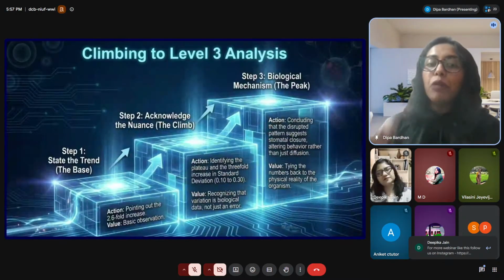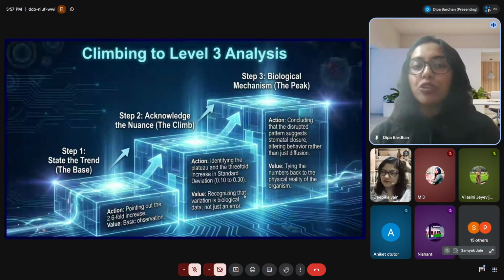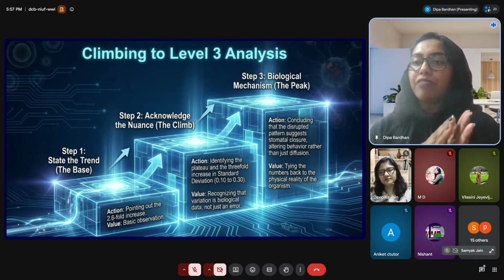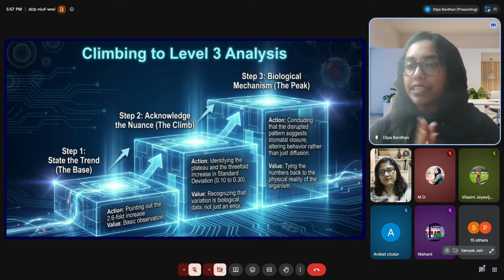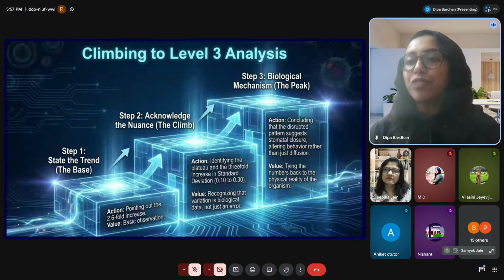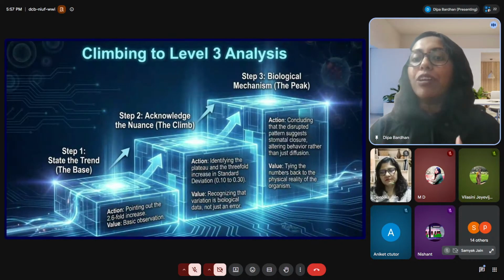So you see how you can enhance your analysis, how you can climb the stairs. So you state that trend. When you say that the graph is increasing up to 40 degrees centigrade and then the effect is decreasing, it is just an observation. You are stating the trend. Now you will recognize what the biological cause behind it is.